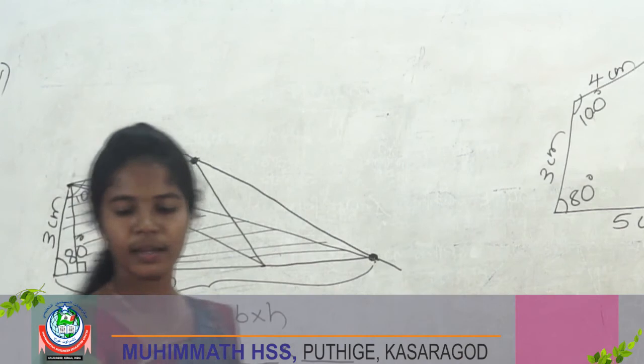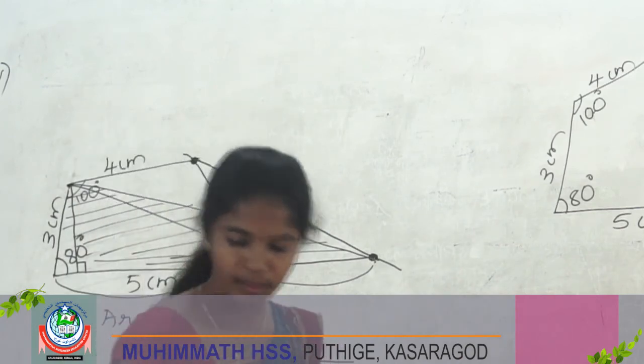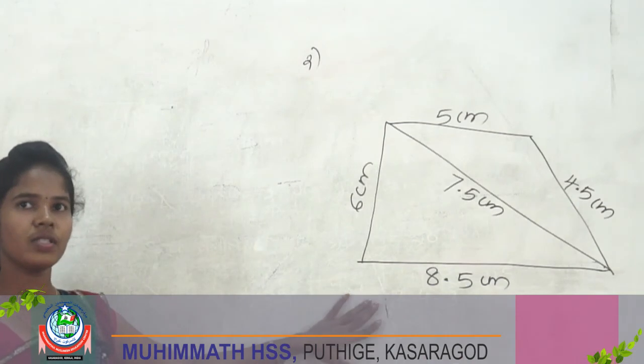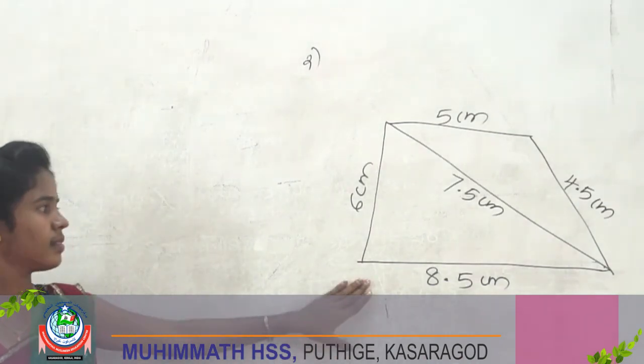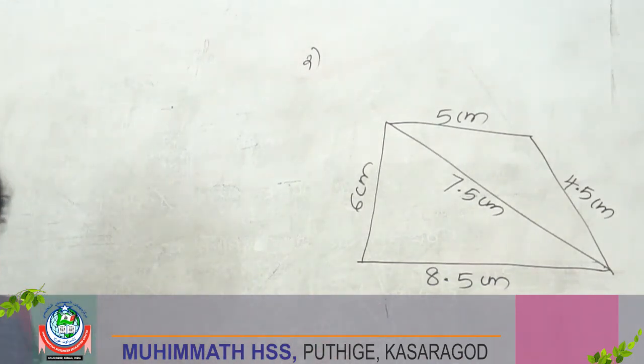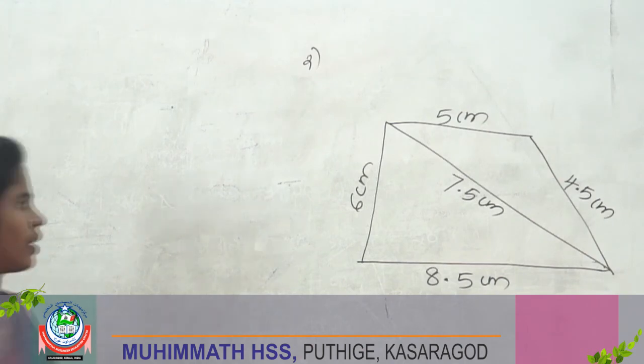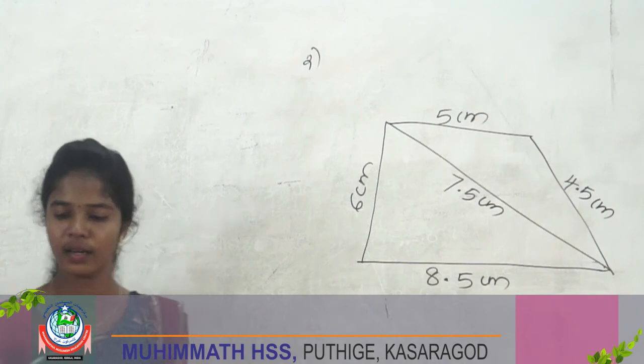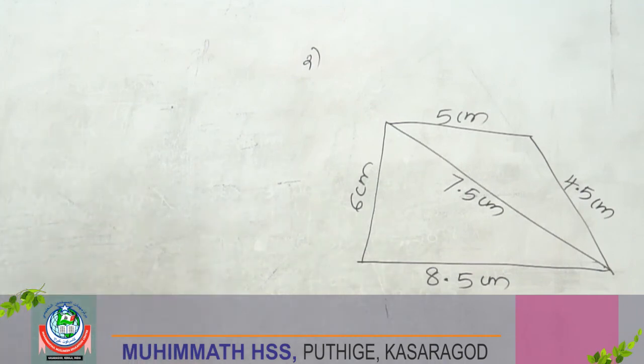Okay. Then second figure. So first you have to draw this quadrilateral and convert the area of this quadrilateral into the area of a triangle. Okay, so first step is draw quadrilateral. Base is 8.5.